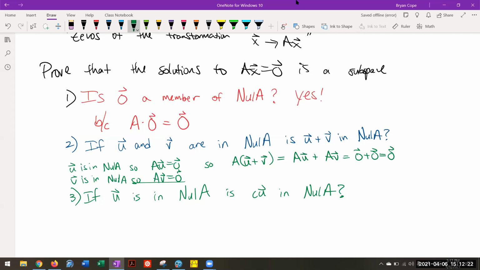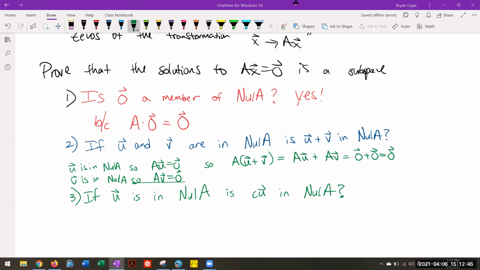Okay, it's written now. Look, if U and V are in null A, is U plus V also in null A? That's the question. If U being in null A is a given, then that means AU equals 0. If V being in null A is a given, that means AV equals 0. So what happens if we take A times U plus V? Is it going to be 0 or something else?